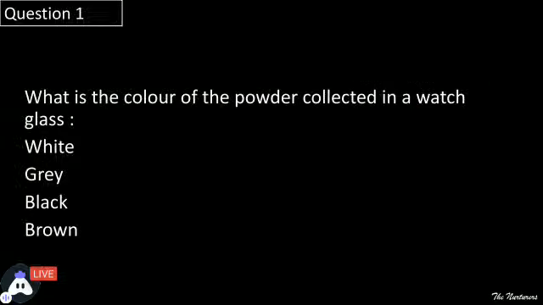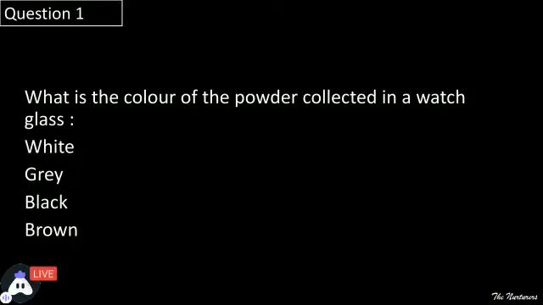And so we proceed. The very first question is, what is the color of the powder collected in a watch glass? As you can see, the ash was collected in the watch glass. You need to tell what is the color of the ash, that is, what was the color of magnesium oxide?